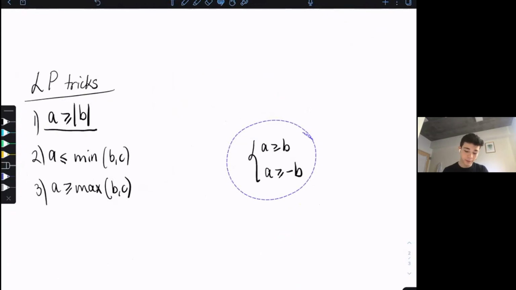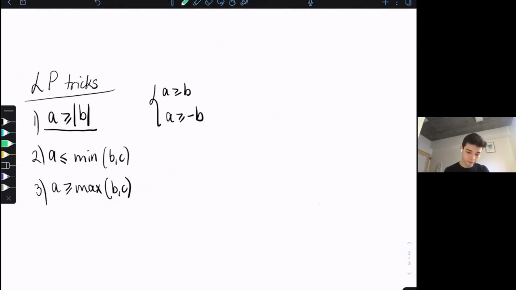It'll be really similar for part 2, where we're going to define 2 LP constraints that will act as this one constraint.